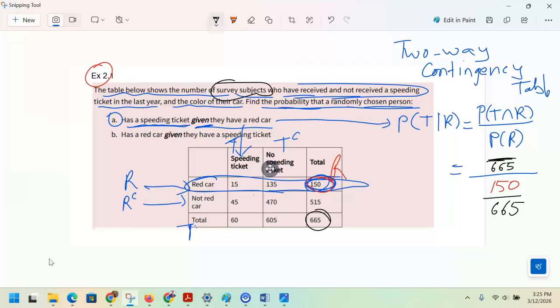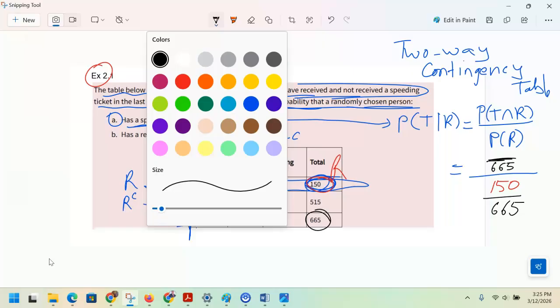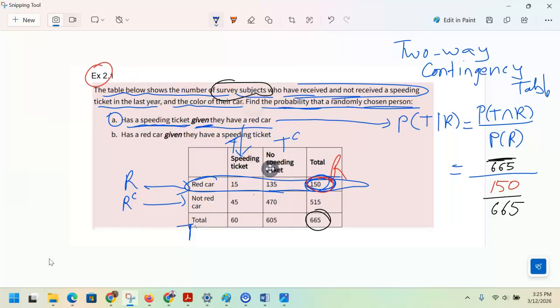Now this is the time you have to select both ticket as well as red, so this is T and R. T is this one, R is this, and you can see this is the one that represents both. The person has a red car and he also got a ticket last year.